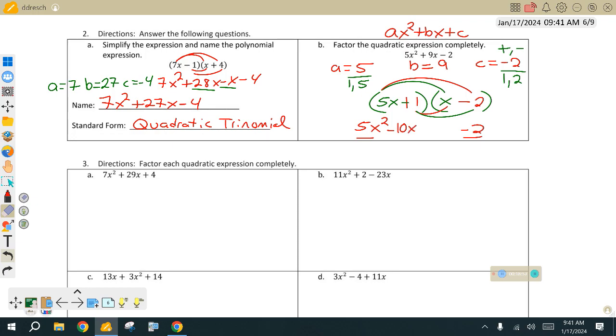Negative 10x, right? 1 times x is a what x? 1 times negative 2 is a negative 2, right? Right here, this is where I'm checking that linear term. That linear term is where I'm focusing on. That sets everything. Did I get a 9 out of that? No, I didn't. I get a negative 9. What do I need? I'm so close, ain't I?